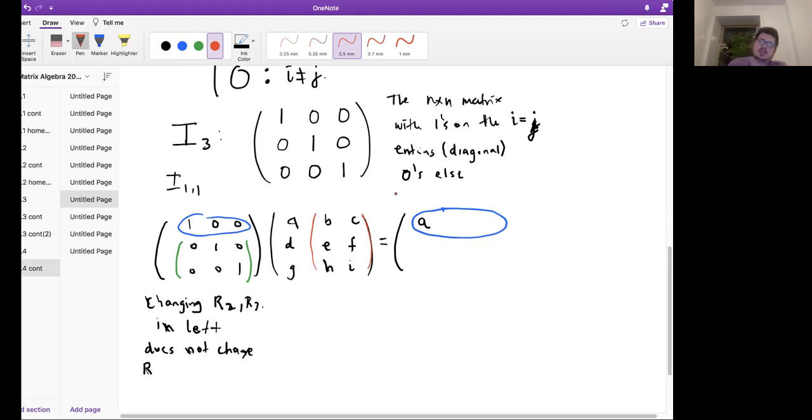What doesn't change in the result of the right matrix? Think about columns now. So if I change up C2 and C3 in the right, think about the matrix multiplication. What wouldn't change?